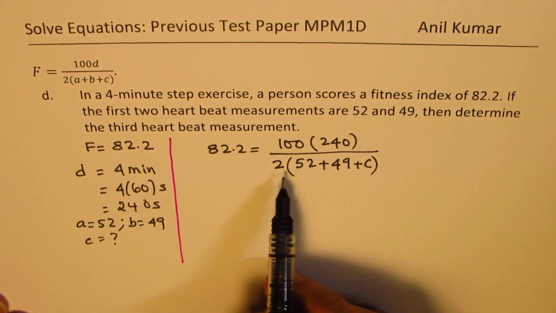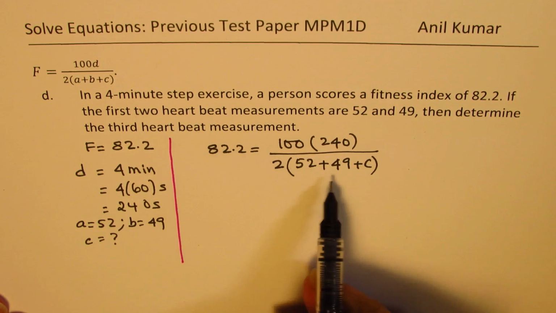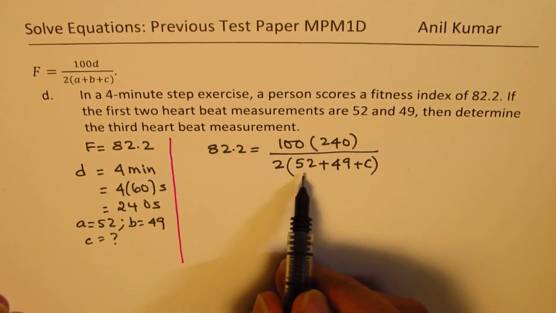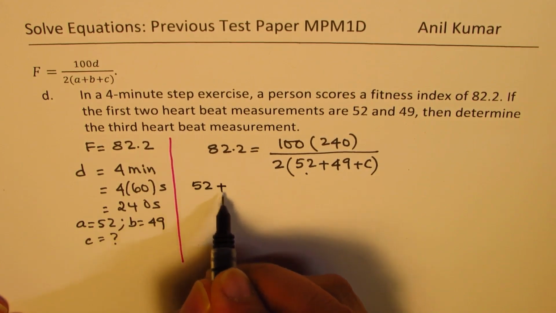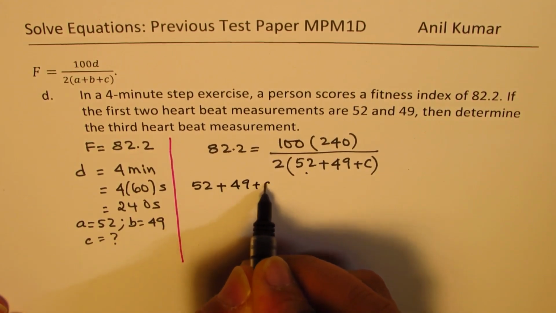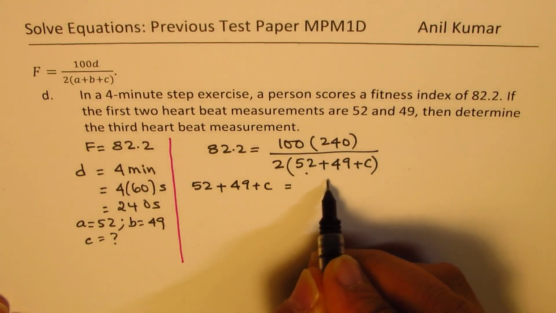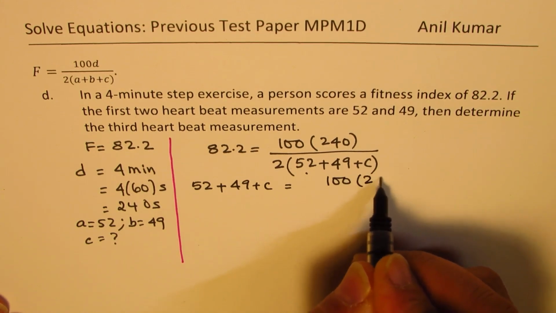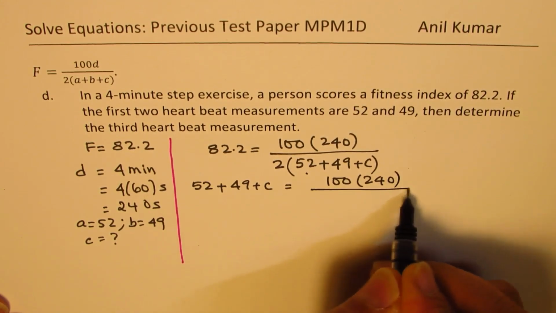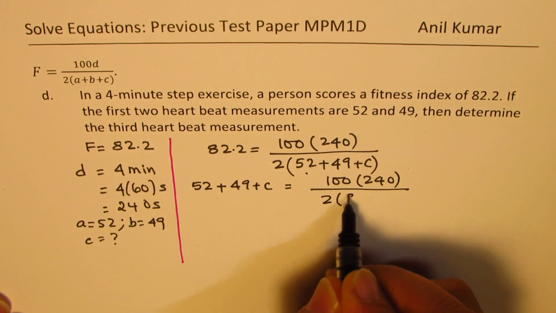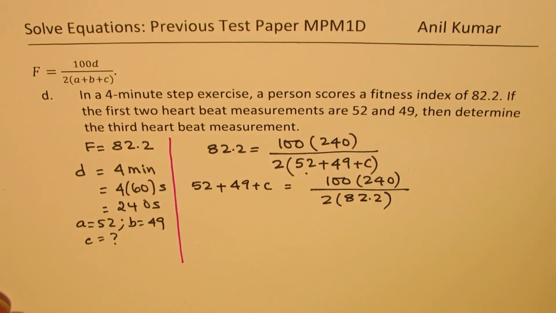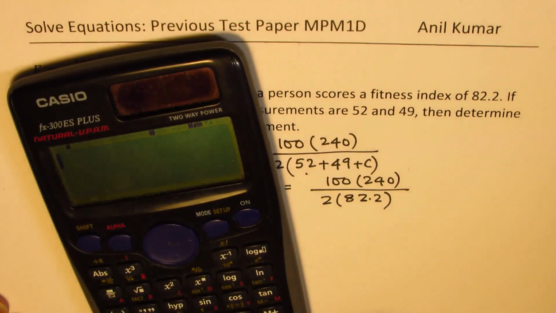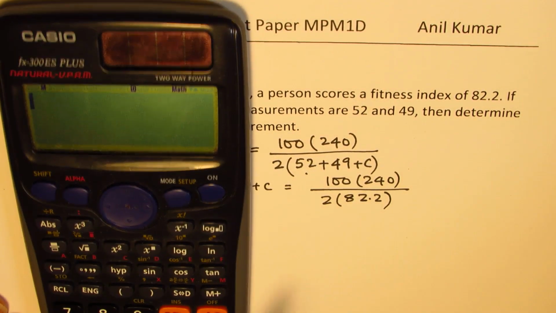Okay, now we can actually cross multiply, taking these terms to the left side. So we get 52 plus 49 plus C equals all this, 100 times 240 divided by 2 times 82.2. Right?